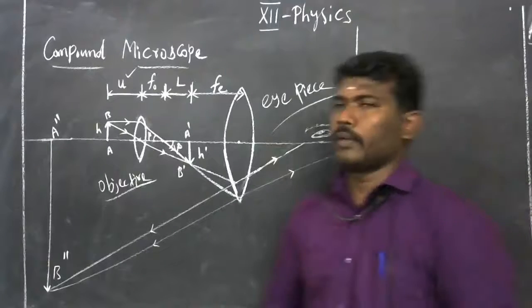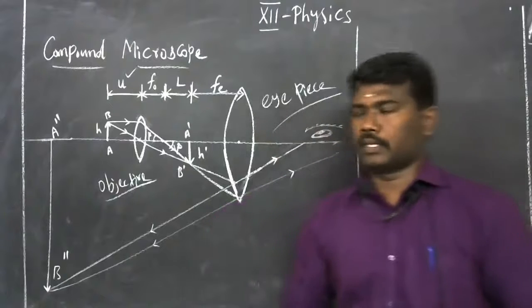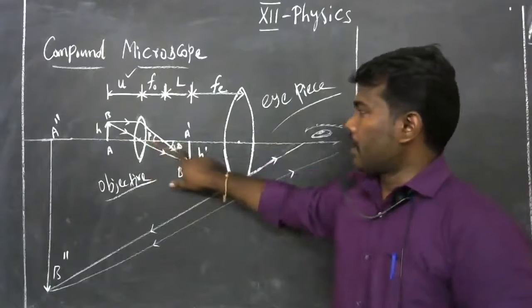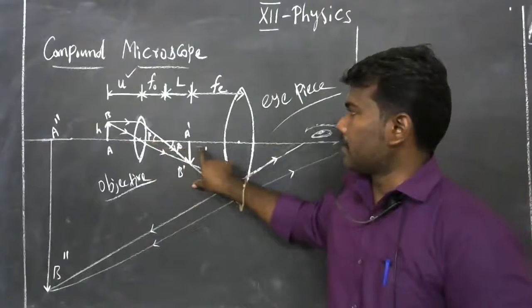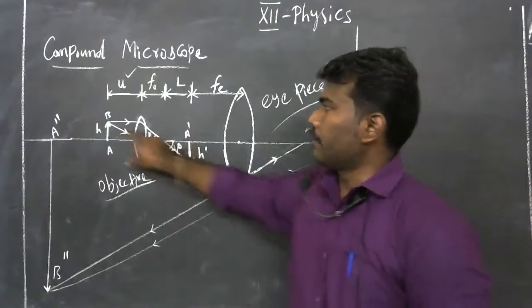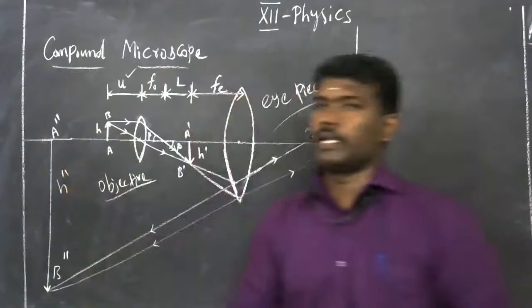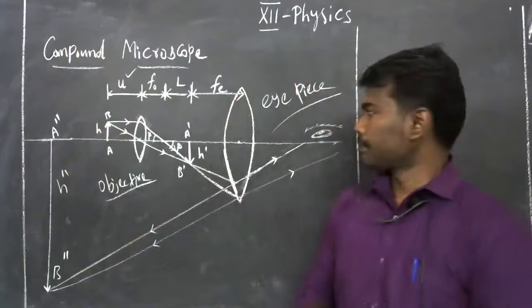Now we are going to derive the equation for magnification. Already I noted the angle beta. Here H dash is the height of the first image, H is the height of the object, and H double dash is the final height of the image.